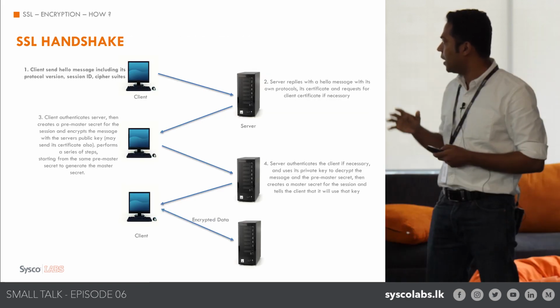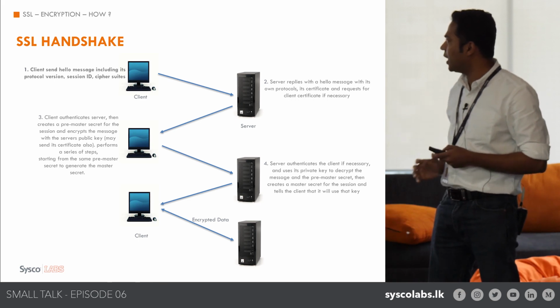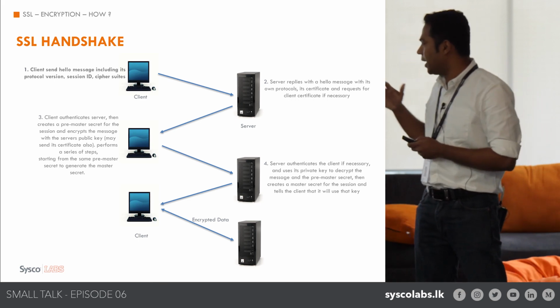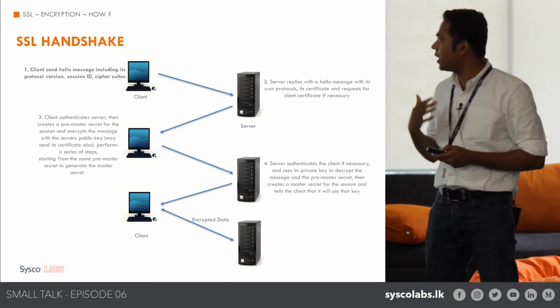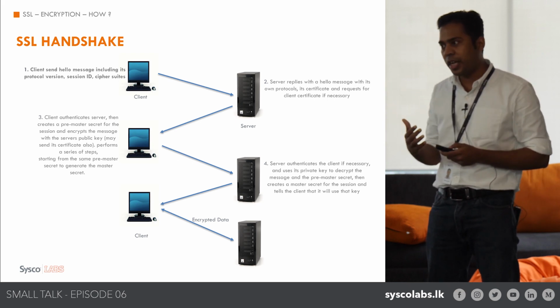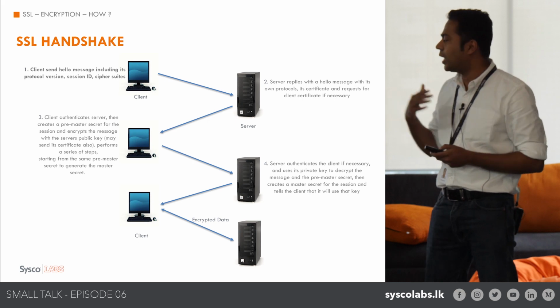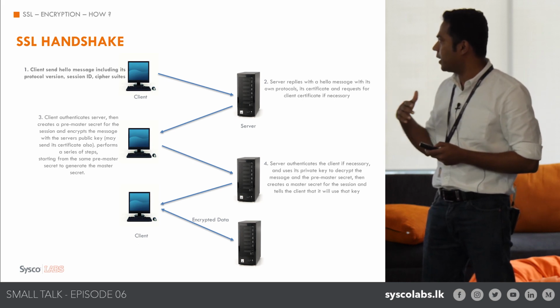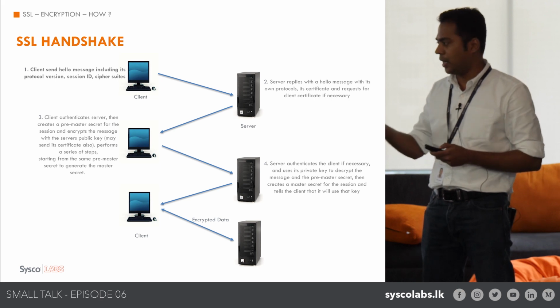Then we will discuss how SSL does the encryption. It has 2 stages. The first one is the SSL handshake, and then the actual data transfer. In the SSL handshake, it uses asymmetric cryptography.